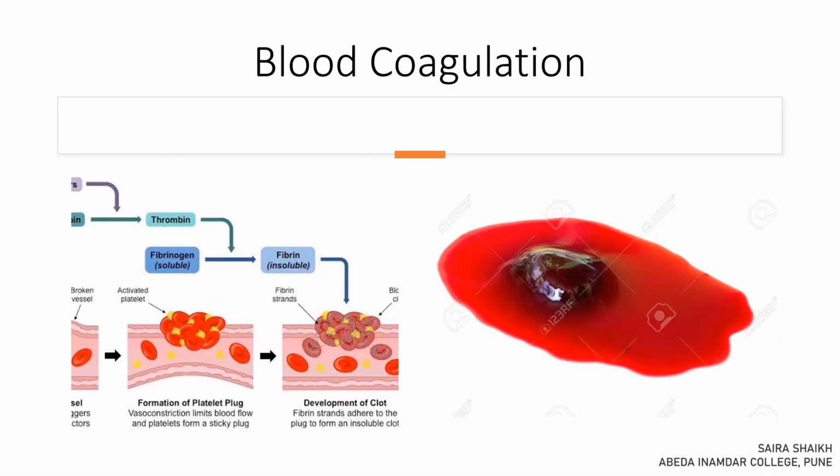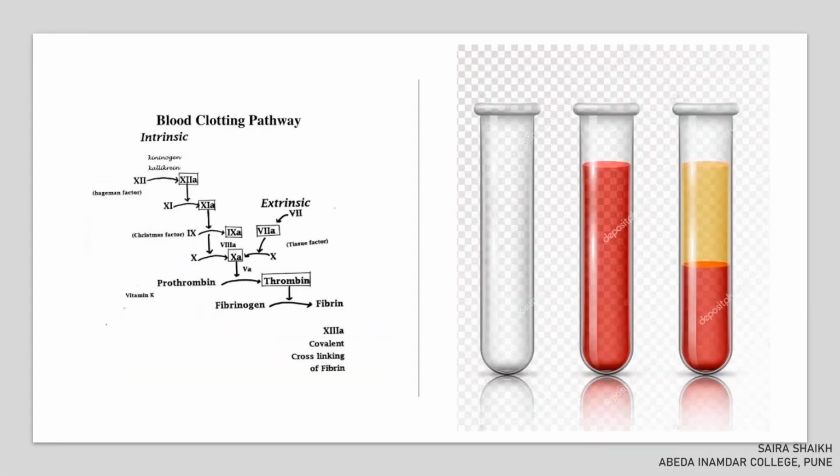Let us see what the coagulation process is, which is completed by thrombocytes or platelets. The blood coagulation process is seen in two conditions, intrinsic condition and extrinsic condition. What is the intrinsic condition?